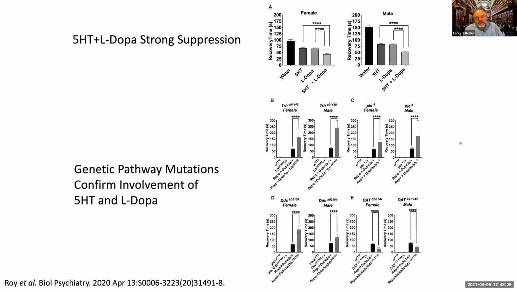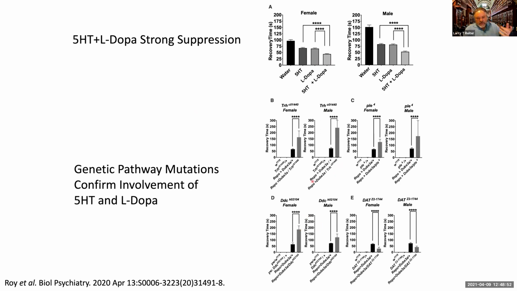We looked at some genetic mutants to see if we could change the recovery time. And indeed, when we use mutants that are in the serotonin or dopamine synthesis pathways, so PALE, DDC, TRH, these are all related to synthesis of serotonin and dopamine in flies, you see that there's an increase in recovery time, even in a heterozygous mutant background.